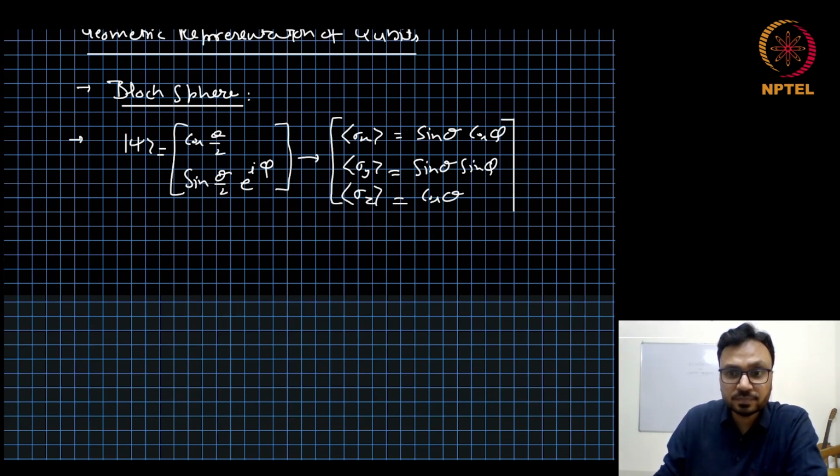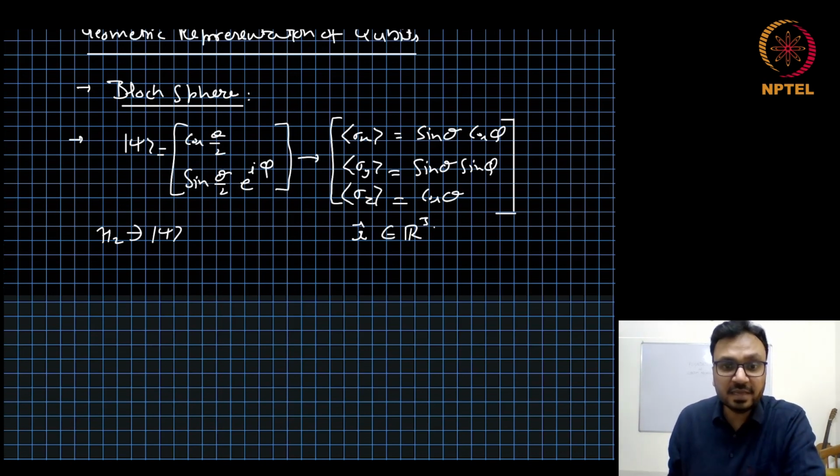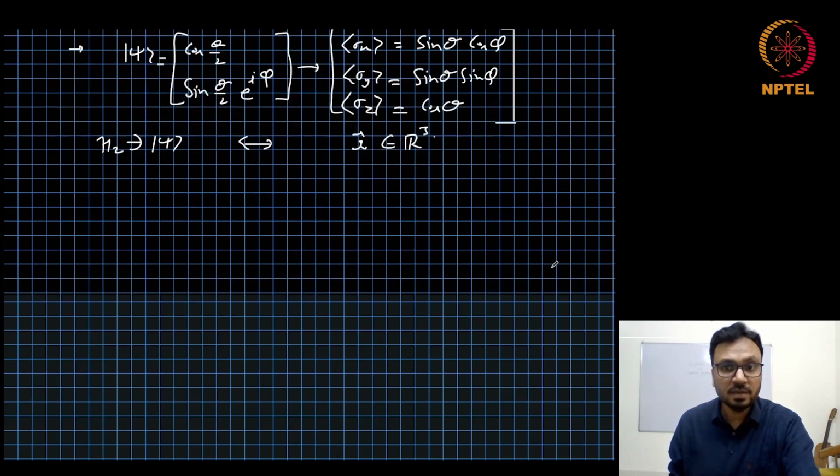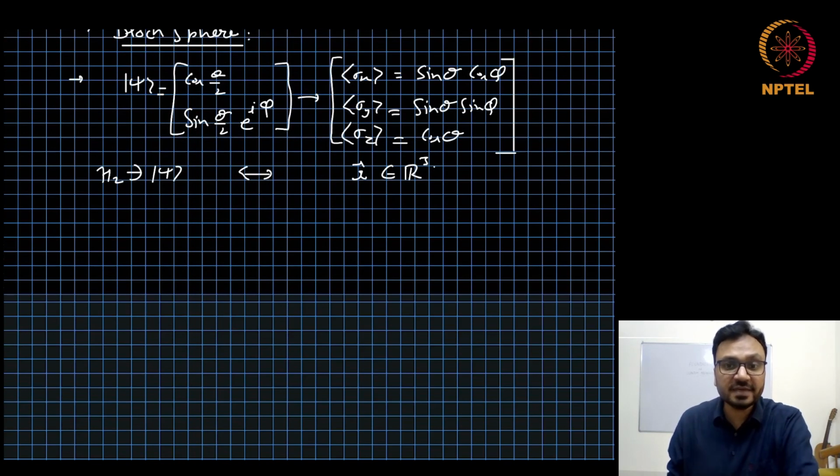So this vector psi, which belongs to the two-dimensional complex Hilbert space, and this vector of expectation values, let's call it R vector, that belongs to R3, they represent the same information about a quantum system. If we look at it carefully, this vector R from the three-dimensional real space has magnitude 1.